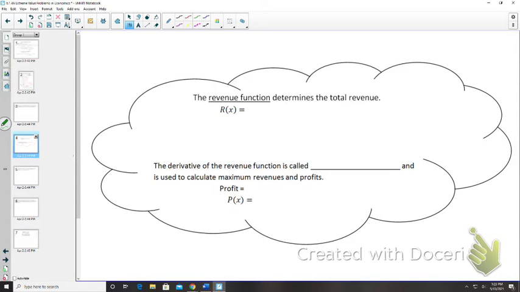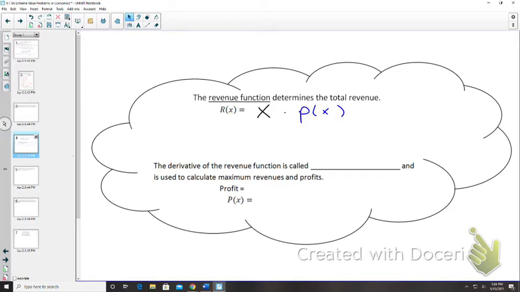Now I would like to talk about the revenue function. The revenue function determines the total revenue. So revenue, or R of x, is going to equal x multiplied by P of x.